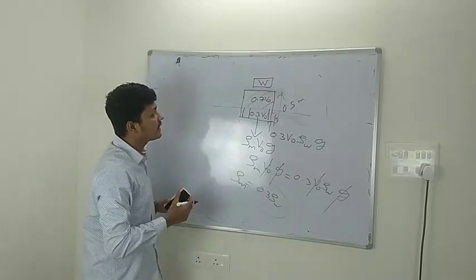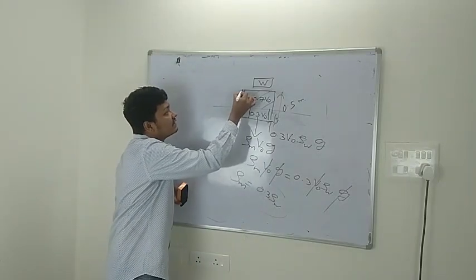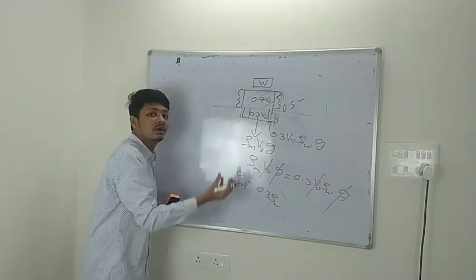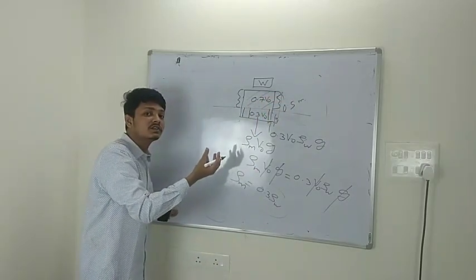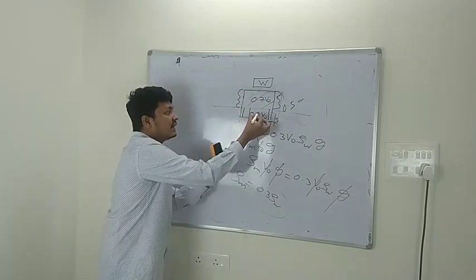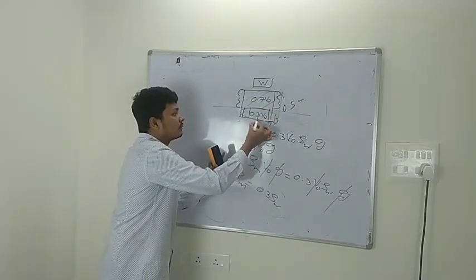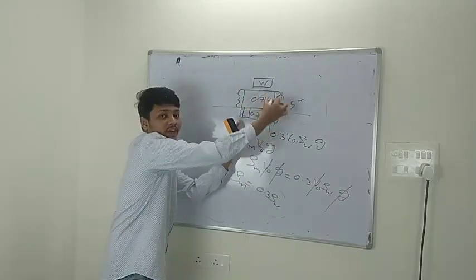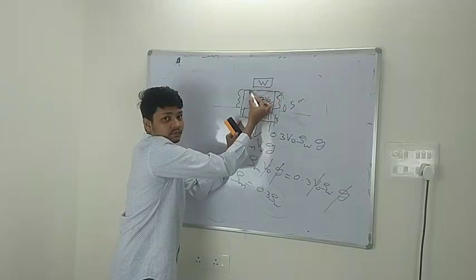To submerge it completely, we have to balance this much extra volume of buoyancy force. Already this much water is balanced by the total weight of this object.